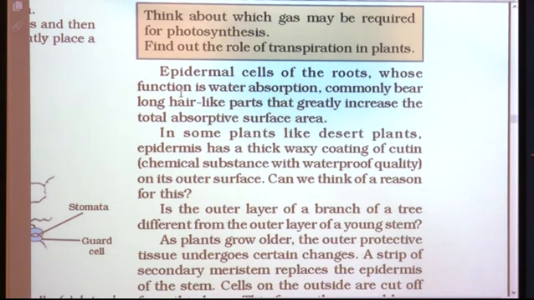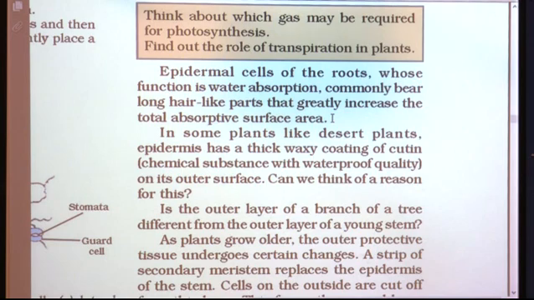Okay. Epidermal cells of the roots whose function is water absorption, commonly bear long hair-like parts that greatly increase the total absorptive surface area. So, what is the main function of the epidermal cells of the roots? To absorb water.